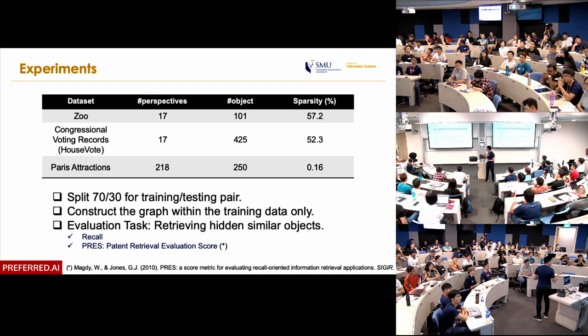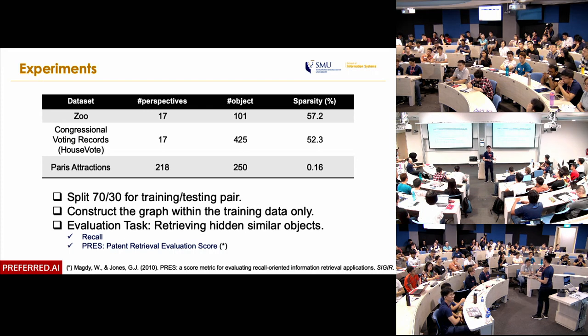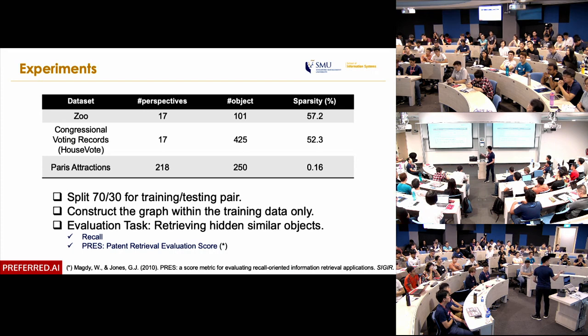The conventional way of testing the model is that we split the data that we observe for training, we learn the similarity between objects, and then we test the performance on the testing data. The first evaluation metric we use is recall. We try to recall the objects that we hide during the splitting, and we measure how well they can recall the correct hidden objects.